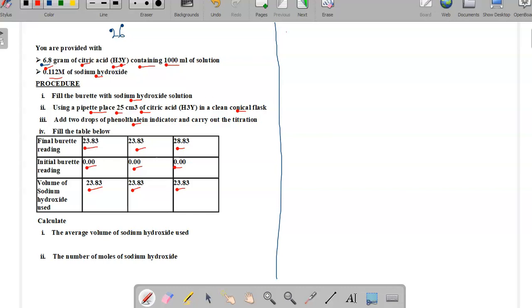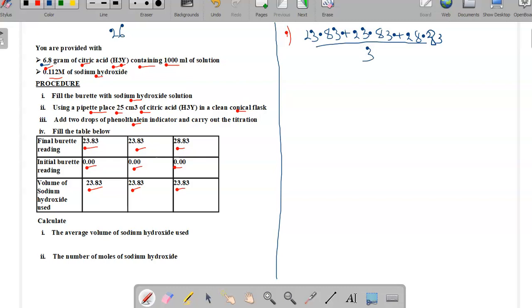The answer to Roman 1 is you will calculate the average volume: 23.83 plus 23.83 plus 23.83, then you divide all of them by 3.